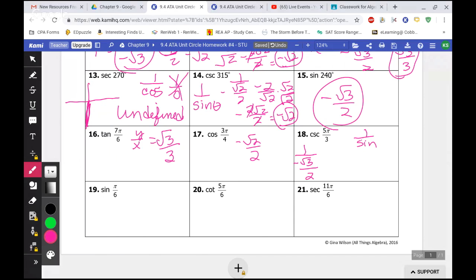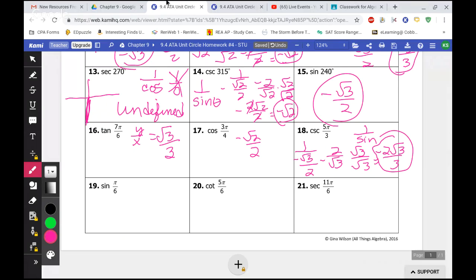And if I keep flip change, that gives me 2 over root 3. I have to rationalize my denominator. So that gives me 2 times root 3 over 3, and it's negative. So that's cosecant 5 pi over 3.